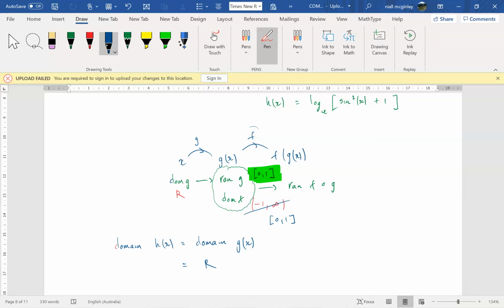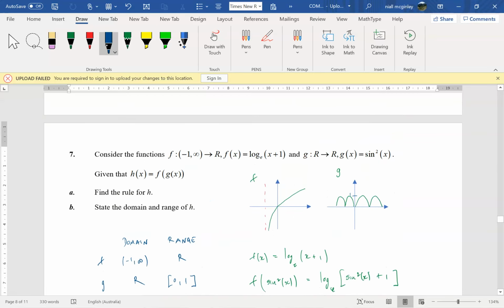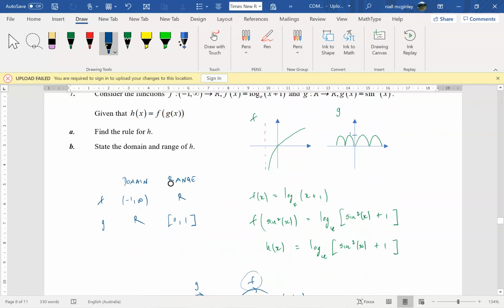So we go and look at the graph for f and restrict that domain. If we look at f, it's only going to exist between 0 and 1 now, because those are the only relevant x values. This is how we're going to work out the range.